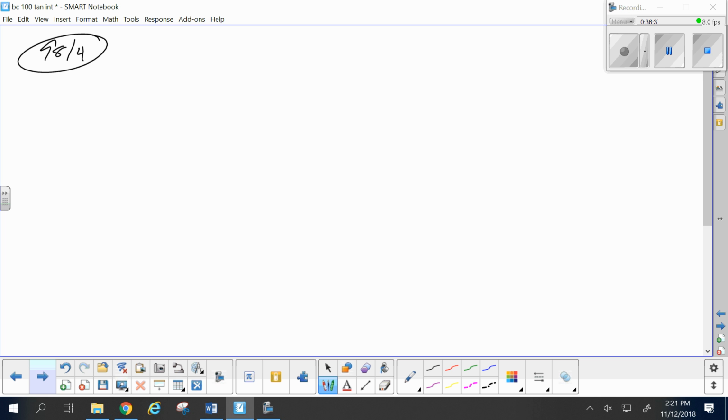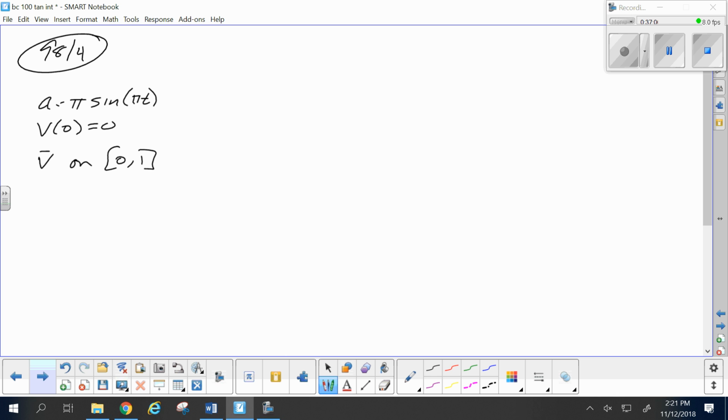Okay, acceleration is pi sine pi t. The velocity at time 0 is 0. That's given. That's nice. And they want the average velocity on the interval 0 to 1.